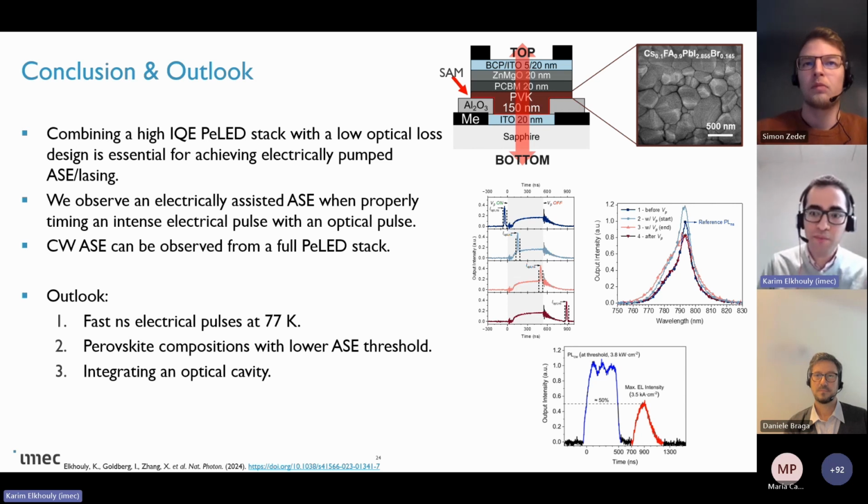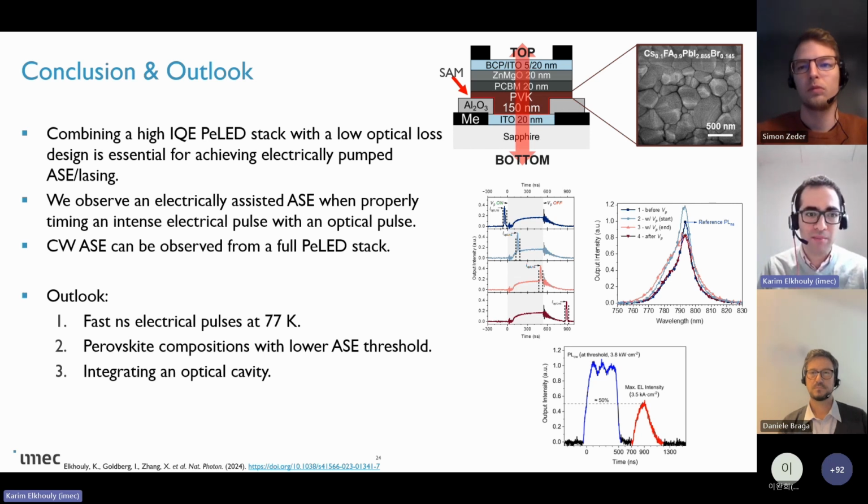Okay, thanks a lot for this question. Indeed, it's a very good question, because optical excitation results show that in fact sometimes quasi 2D can give lower thresholds compared to 3D perovskite. So from this perspective, they are very interesting materials. But the problem is, if you look at an LED, it seems that these quasi 2D materials are not able to sustain very high currents. I mean, the record in the literature I saw is around 200 amps compared to a few kiloamps we already achieved, which is an order of magnitude lower.